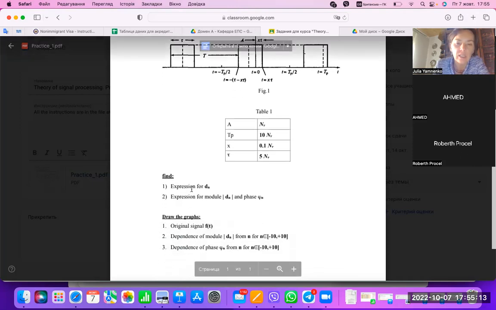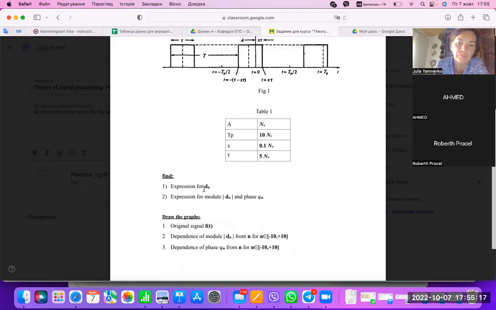And your task is to find the analytical expression for the Fourier transform dn. It means the exponential form of dn. And when you obtain this, then you will be able to find the expression for the modulus, because dn is a complex value. So you have to find the modulus and the phase.